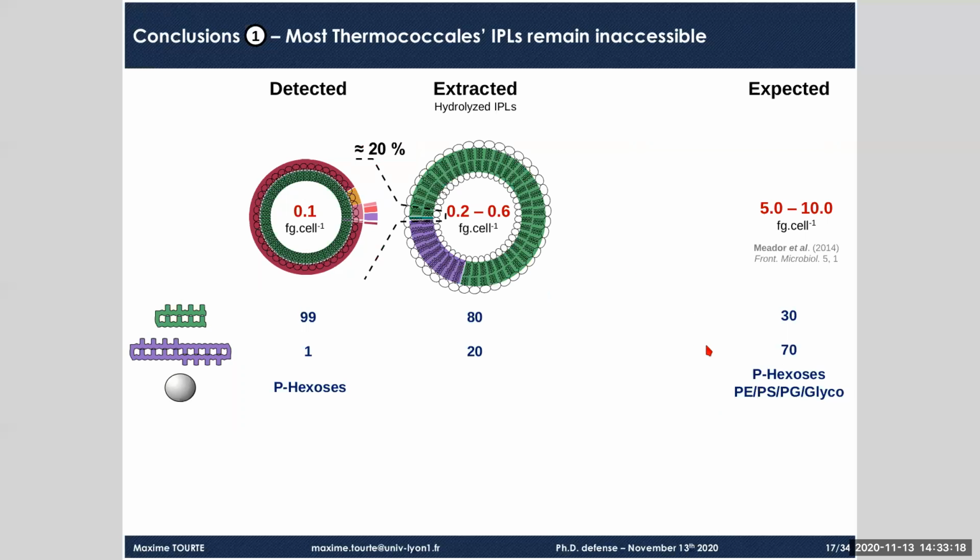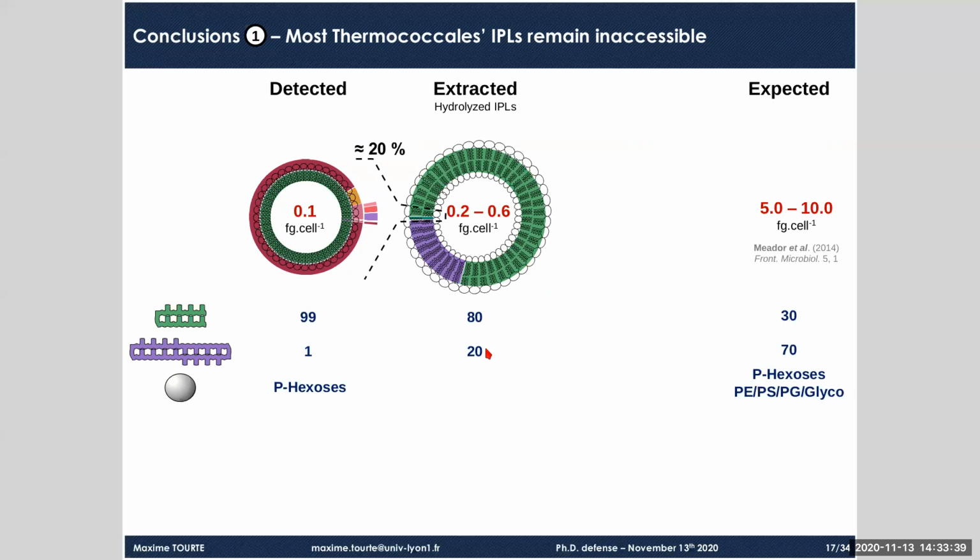To estimate how limited our extraction procedure was, we hydrolyzed our total lipid extract. So we removed the polar head groups from the lipids we injected in the machine to detect them. And as you can see, when we do that, we can reveal a much higher content of lipids, including more tetraethers.